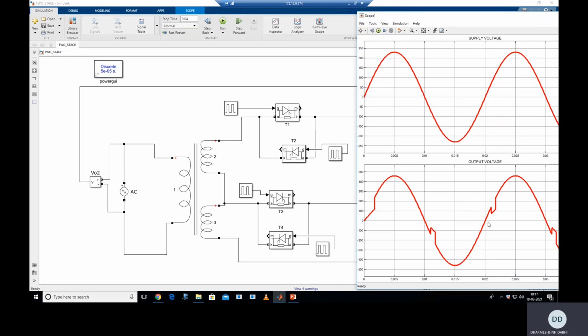Because T2 is conducting in this period, your T3 remains off even if you apply the gate pulse. But once T2 is off at this 2 pi plus phi angle, you apply the continuous gate pulse to T3, so it will turn on here, and it follows Vm sin omega t.